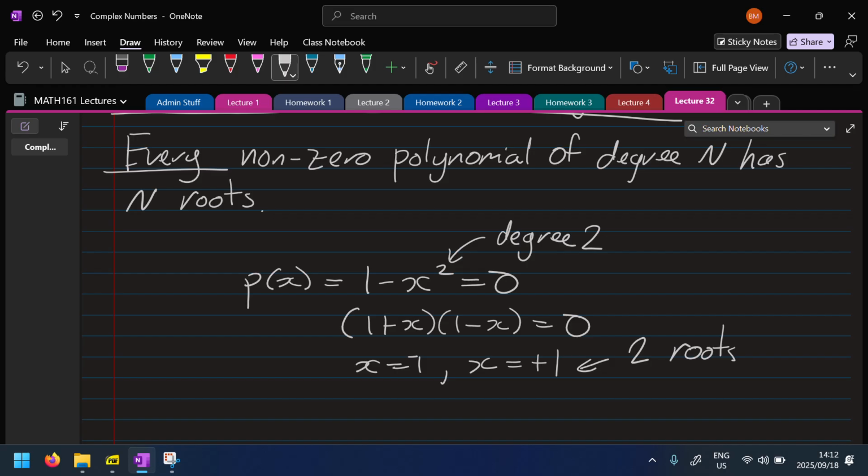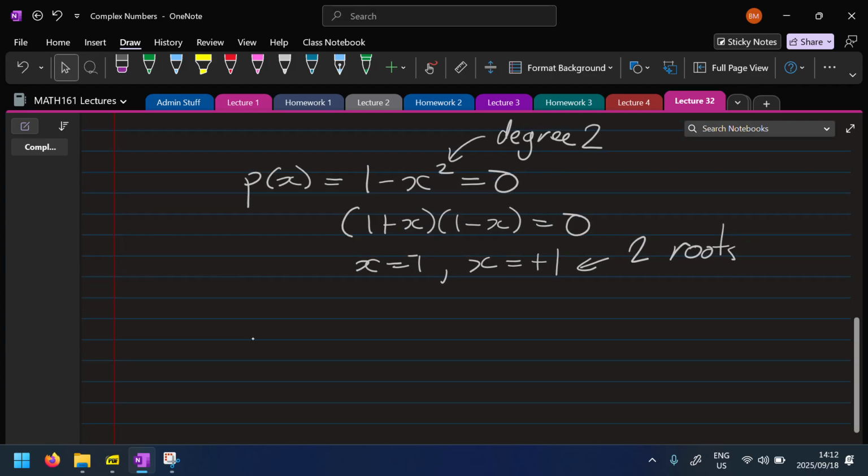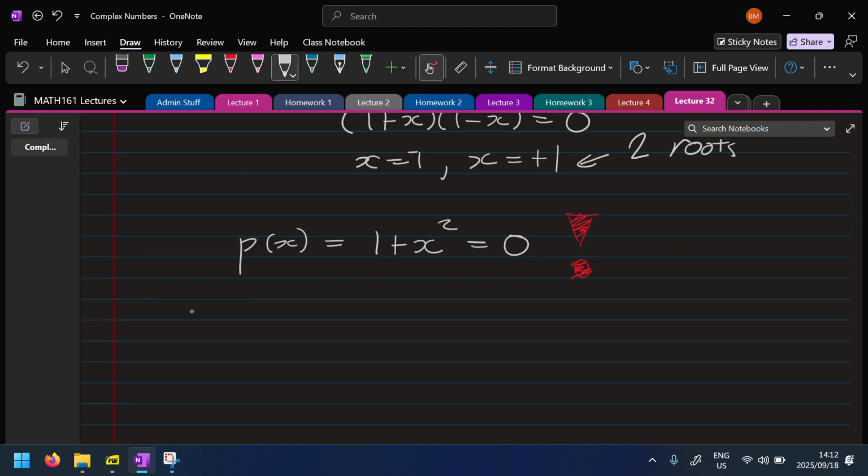Okay, so everything seems fine so far. Let's have a look at another example. So we have p of x is equal to 1 plus x squared. We want to find the roots, so we take this and we set it equal to 0. Now here we're going to run into a big problem. So 1 plus x squared, we can do a little graph of this on the side, and we see it looks like this.